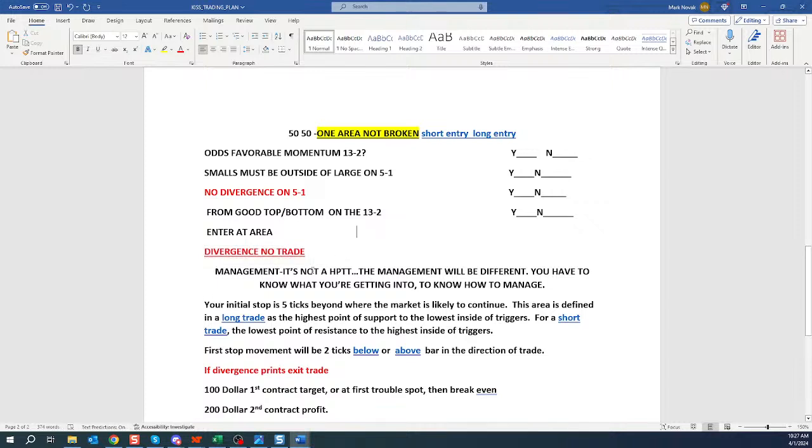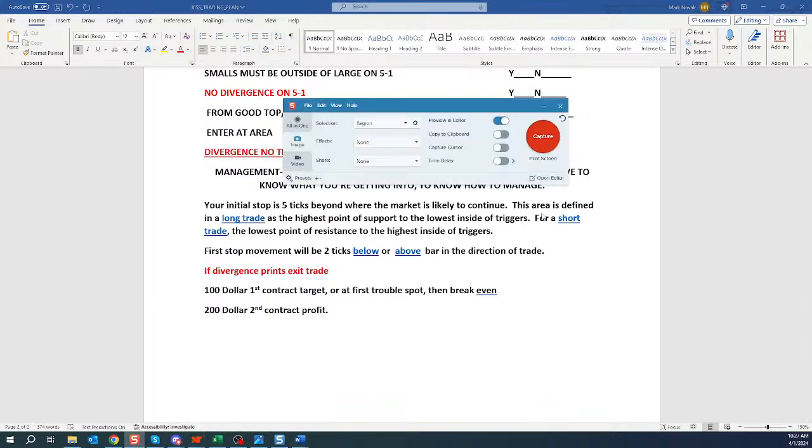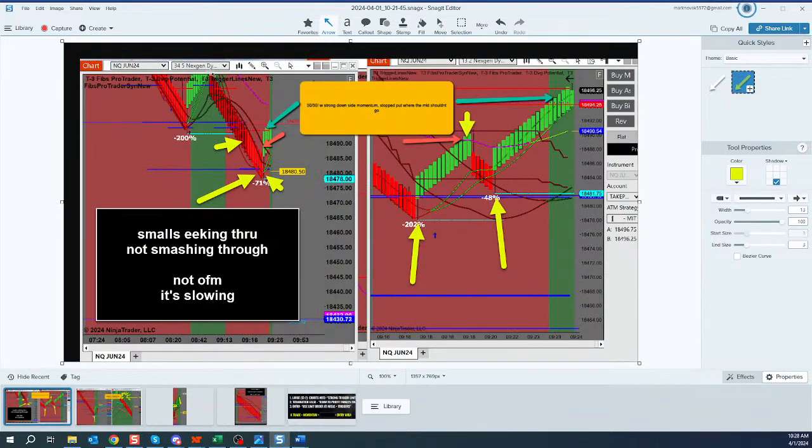And guys, then your management, because it's not a high probability trend trade, the management will be different. You have to know what you're getting into to know how to manage it. And you'll notice that the window of opportunity is the same, right? The 2 ticks above or below is the same. And then Gino, if we look at your trade, brother, you were coming from a good top.